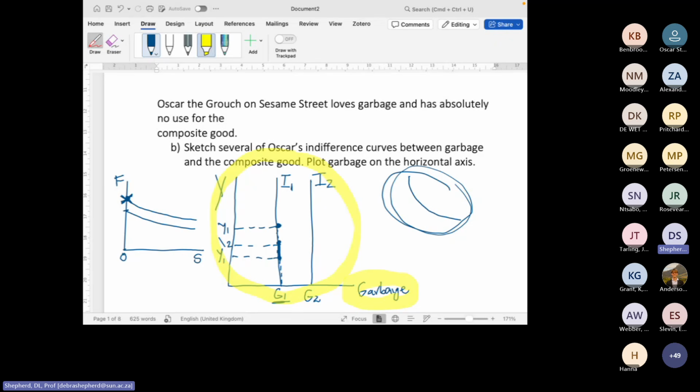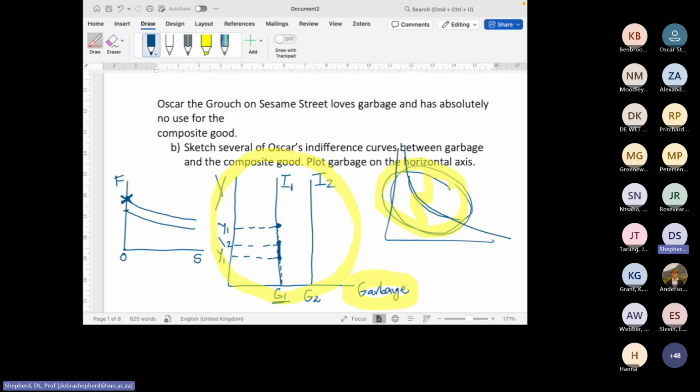Whereas indifference curves that look like this, which are asymptotic to the axes, so they never touch either the x or the y-axis, tell us that this person's utility is dependent on both goods. This individual would need to consume some combination of both goods in order to get any kind of utility.